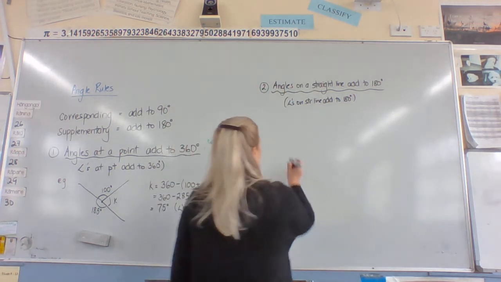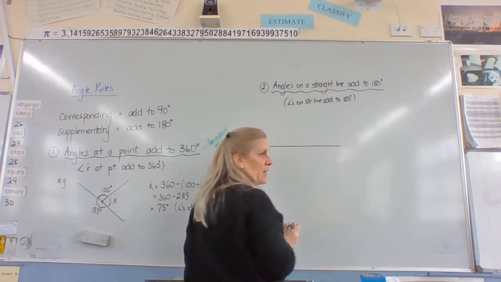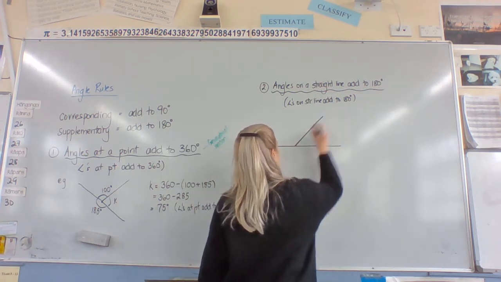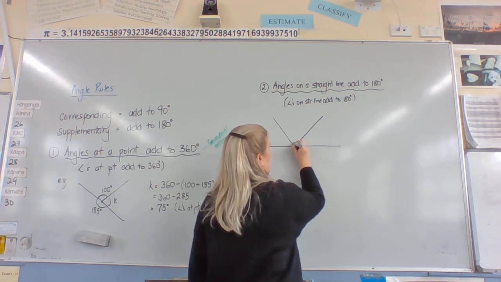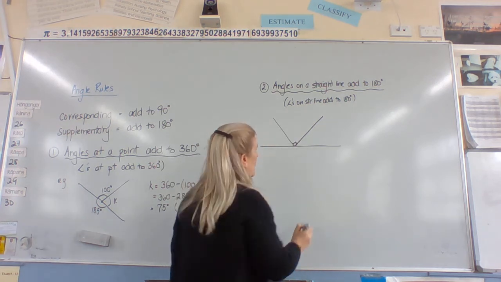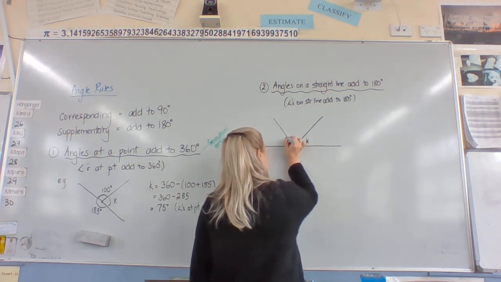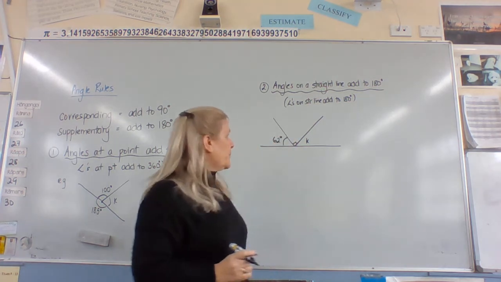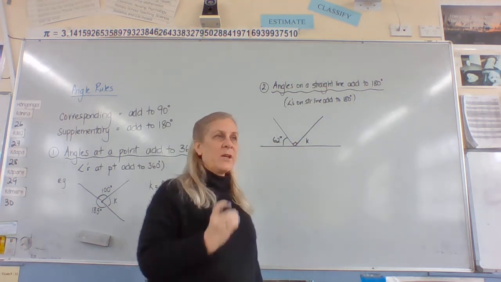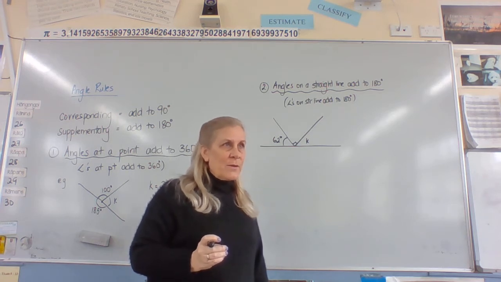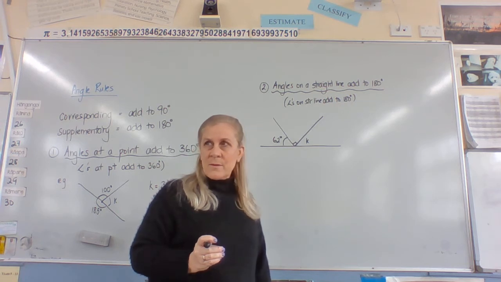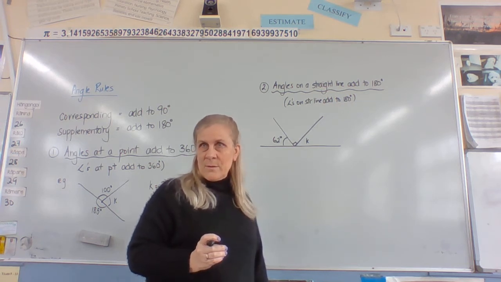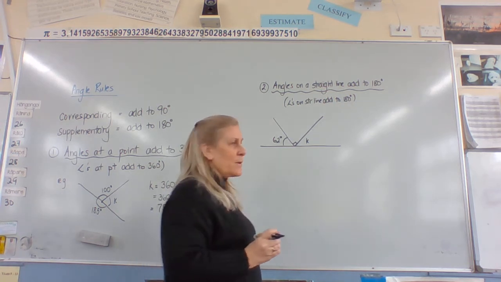Okay? So we've got a straight line. We've got some angles on it. We want to find K on this side. Okay. This time, what am I going to do? Come on.